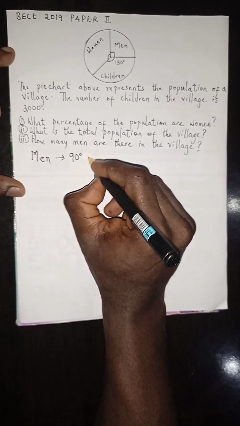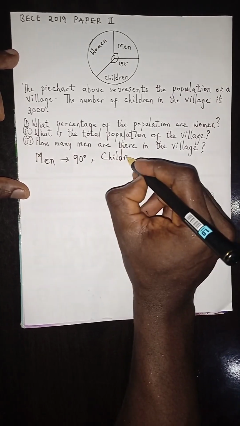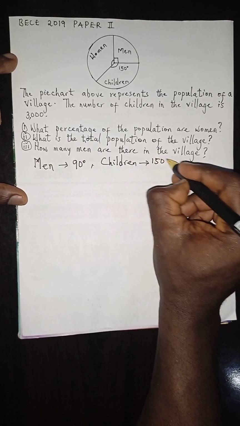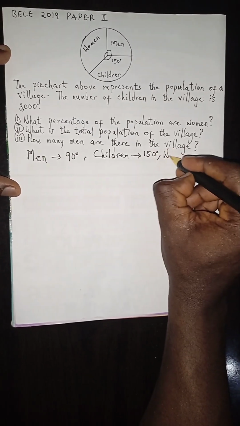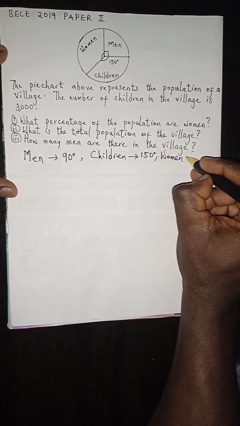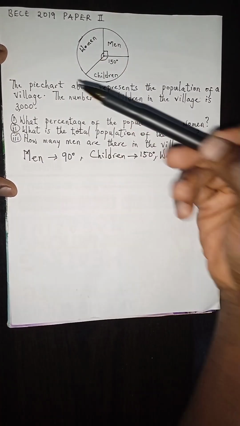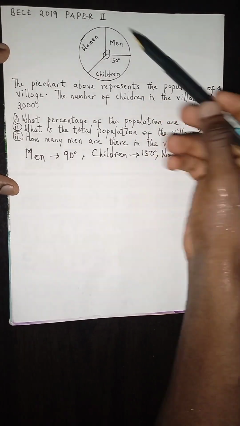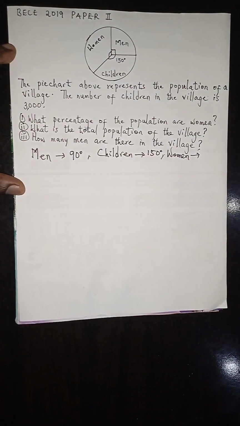Then for children, 150 degrees. Then for women, it wasn't specified the exact angle, but we know that a pie chart has to do with 360 degrees. That's the total angle in a pie chart.